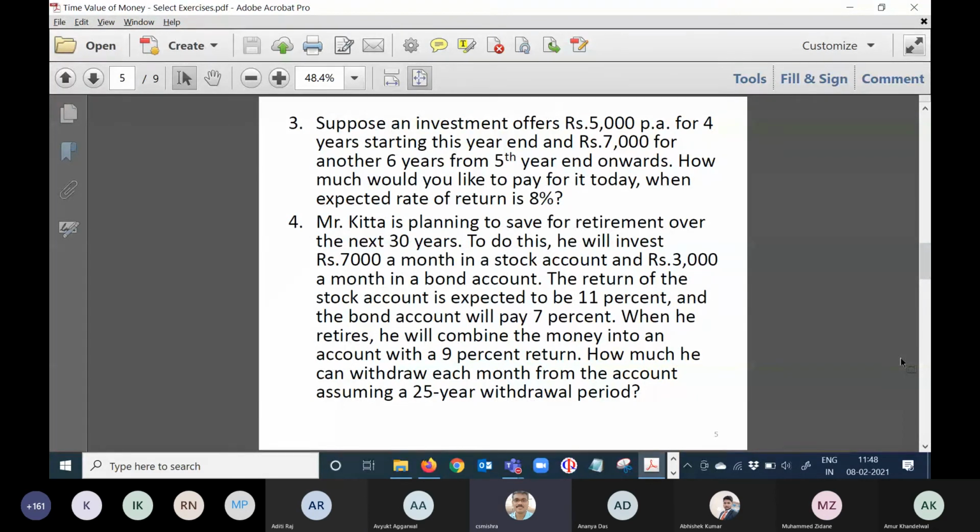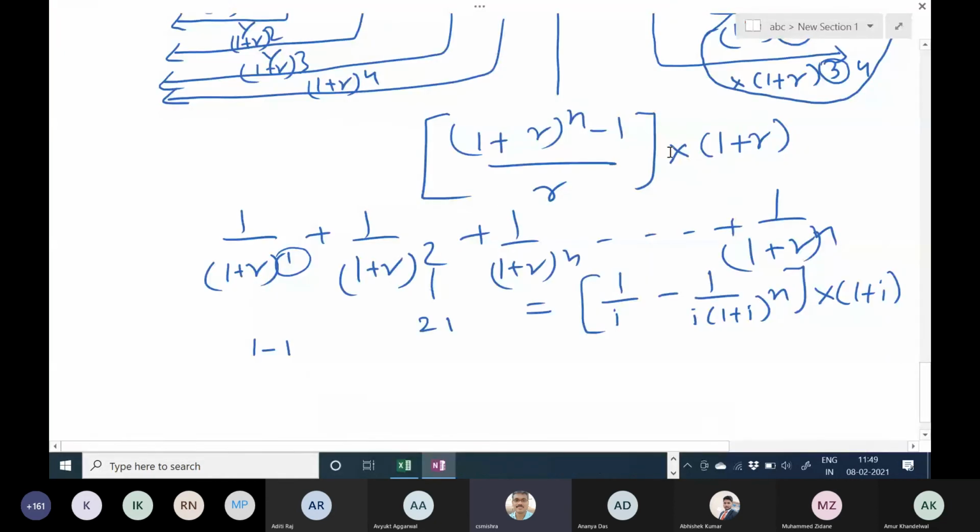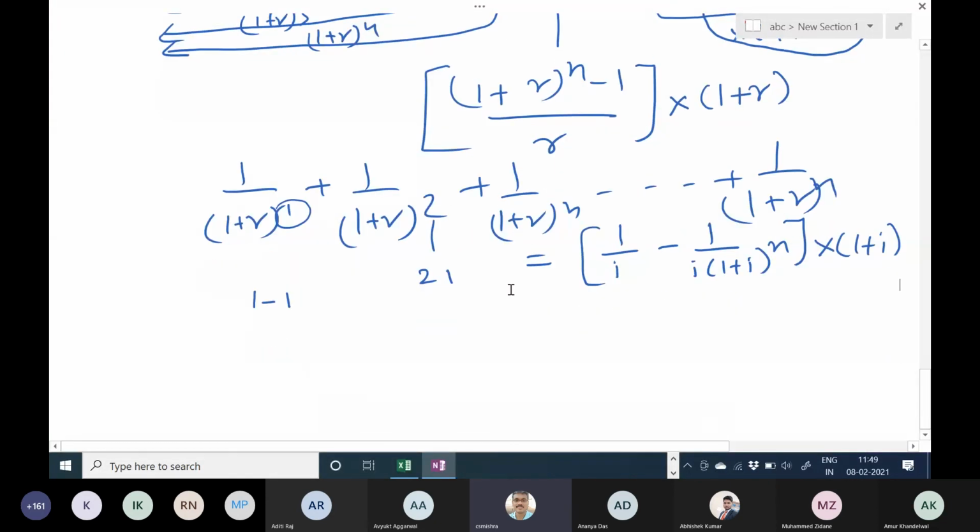So what shall you do now? Let us note down the numbers here. Please remember the numbers: 30, 7,000 and 3,000, 11 and 7, 9, 25, 30. Okay, chalo. So what is happening here? 7,000 per month, or per year?